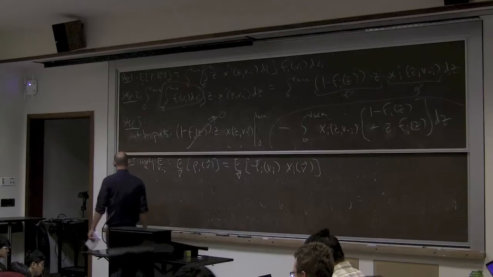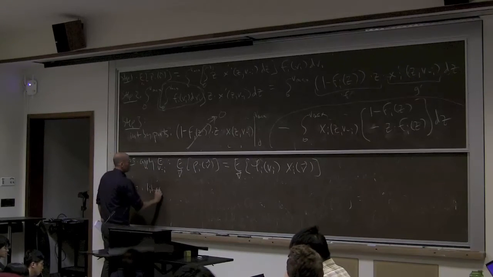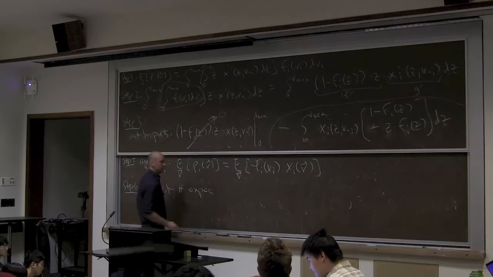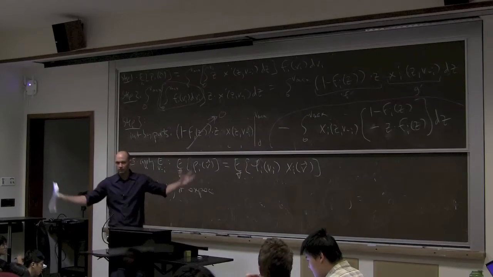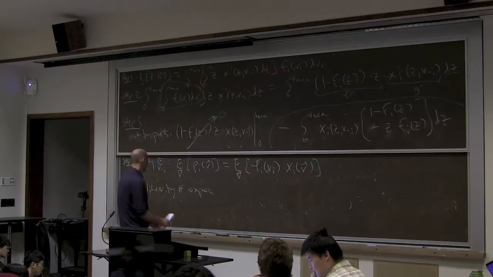Okay? And now finally, I just use linearity of expectations twice to say that the expected amount of money we make from everybody is the expected amount of these virtual values we get from everybody. Okay?